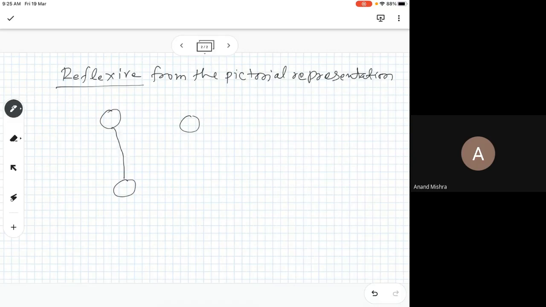How do you find whether this is reflexive or not? Anyone? Self loop. Yes, self loops will be there on all the nodes, and only then it is reflexive. Other things don't really matter, but the self loop should be there for all the nodes.